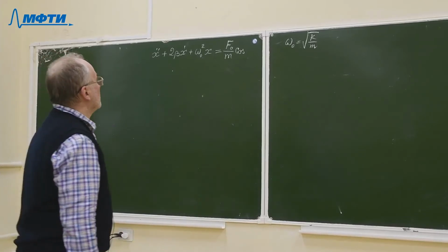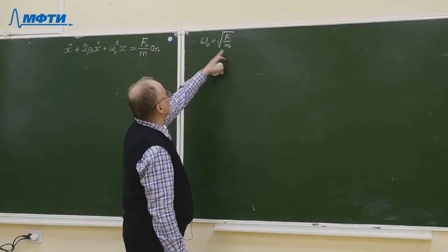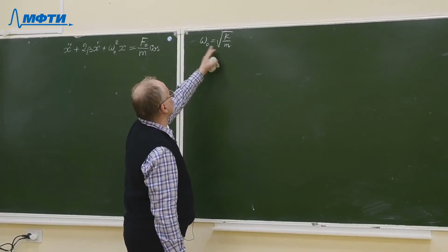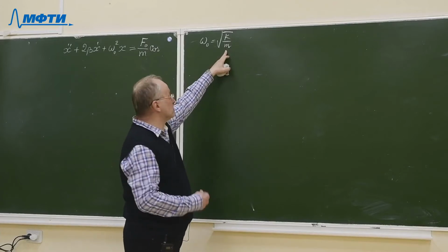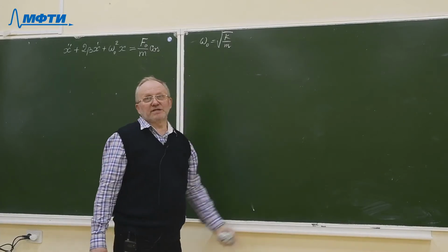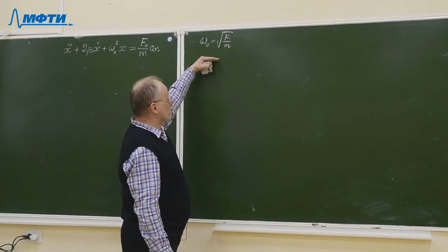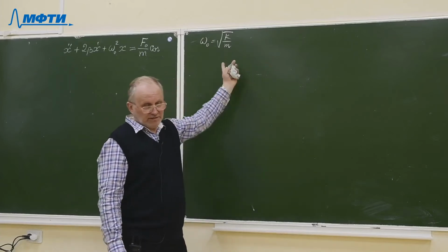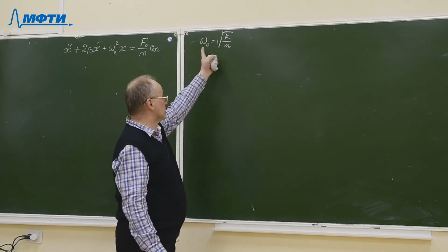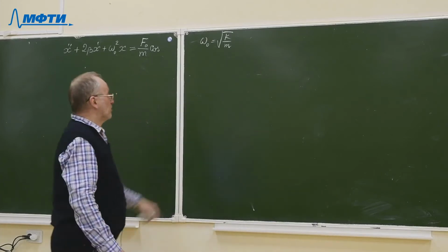Okay, so on the example of a spring pendulum, this own frequency is related to the stiffness of the spring and the mass of the oscillating body. For different oscillating systems, the formula will be different, but I will stick to this example because the generalization is obvious for any particular case. This frequency will be defined by different formulas in different particular problems.